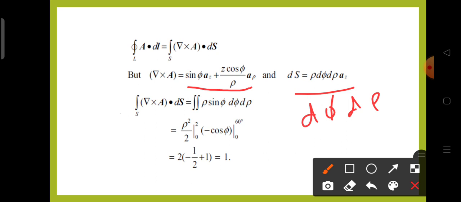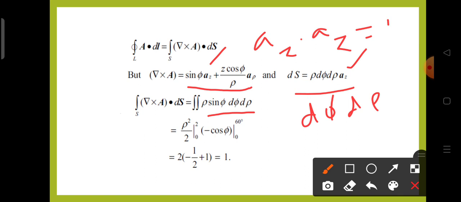So az dot az is equal to 1. So we will have only rho sin phi d phi d rho.